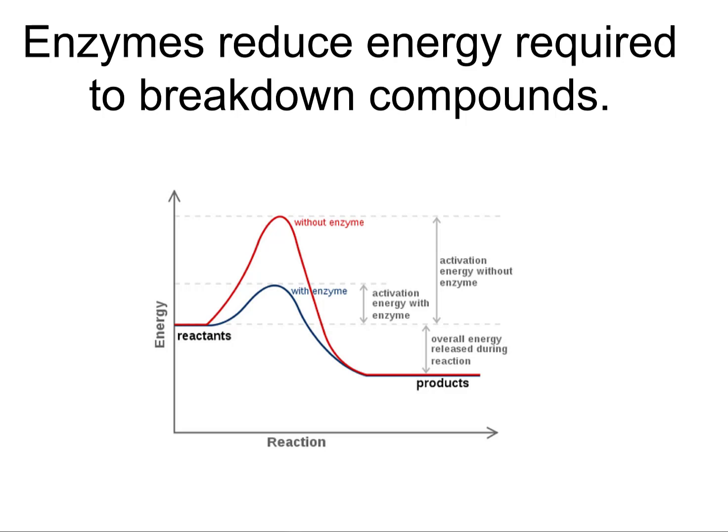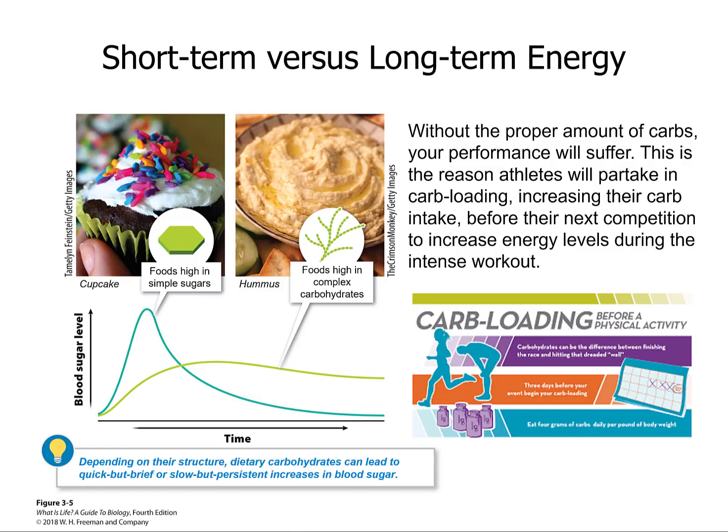As a result, less energy is required, and it greatly enhances the rate at which we can make these products. You can see it's almost 60-40, so roughly 60% less energy to break that bond.